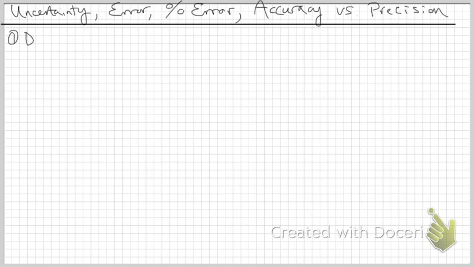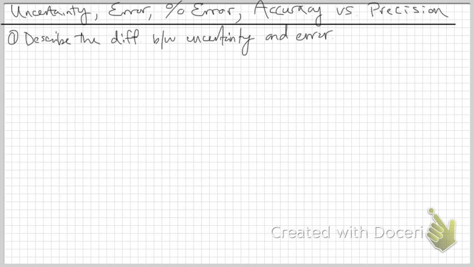Okay, so A we're saying is more precise, and the target analogy is a nice one for trying to remember accuracy and precision. All right, in conclusion, what do we want to be able to do? We want to be able to describe the difference between uncertainty and error.